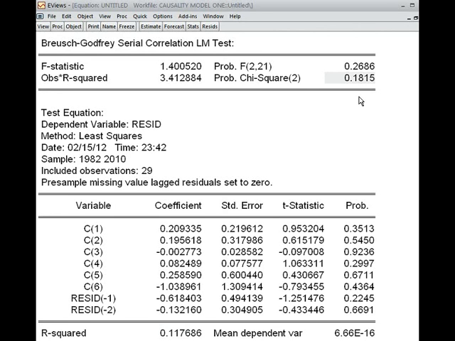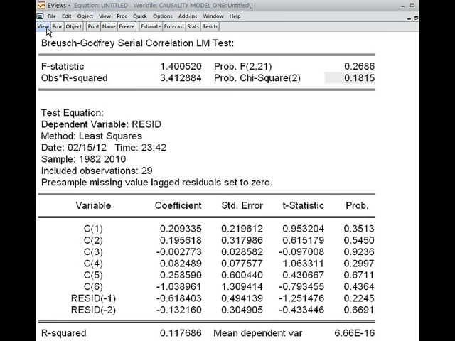And what is our null hypothesis? The null hypothesis is there is no serial correlation, which we cannot reject. So that is desirable and that is a good sign of this model, that there is no serial correlation. So we are happy about it.